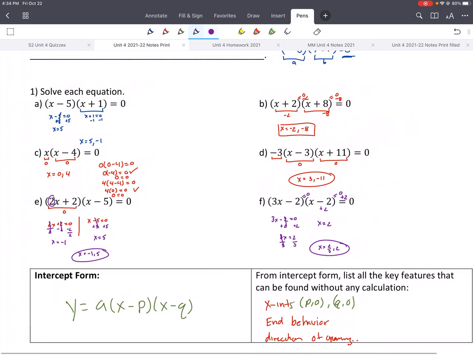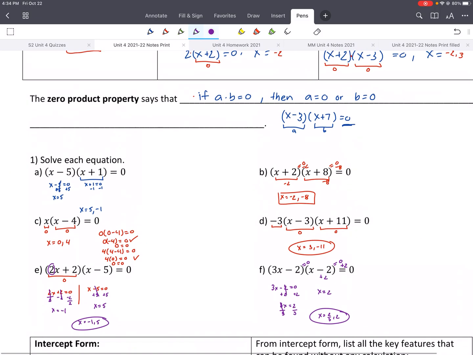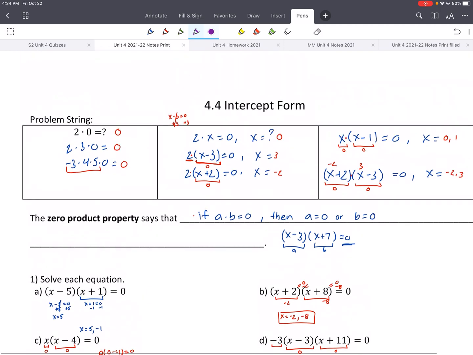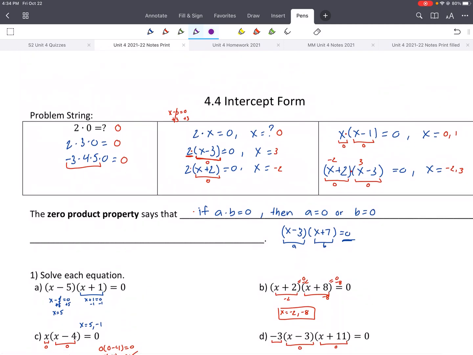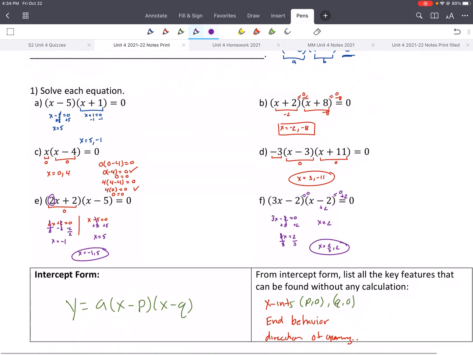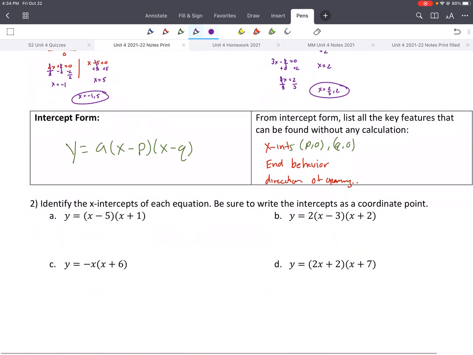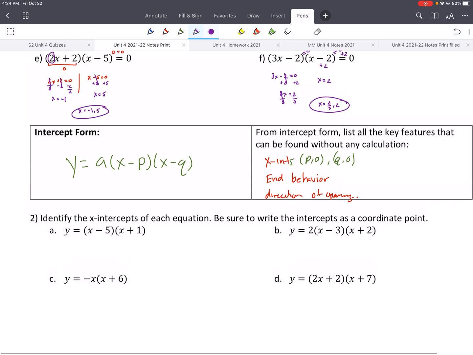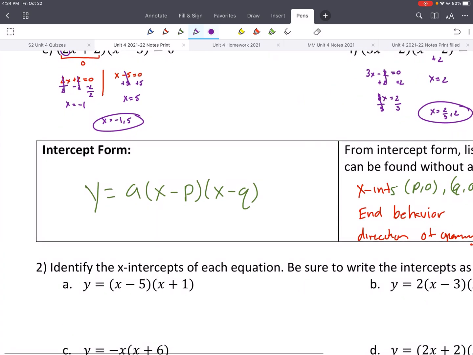All right. So that is how we can solve from intercept form. Oftentimes our equations will be written more like these, where it's y equals, but if we want to solve, we just need to set y equal to 0 and solve. So this is the intercept form.